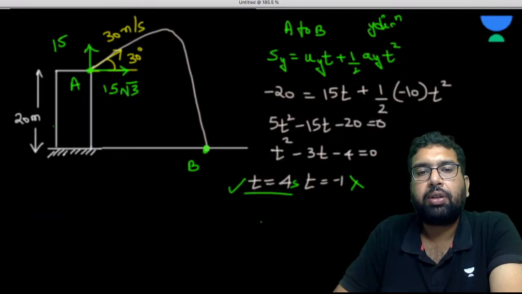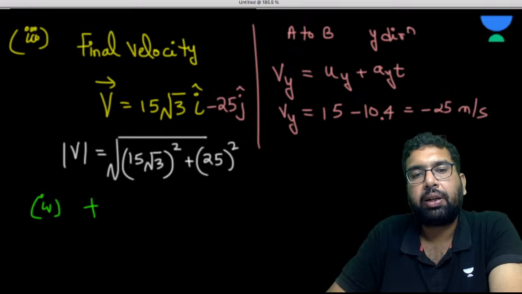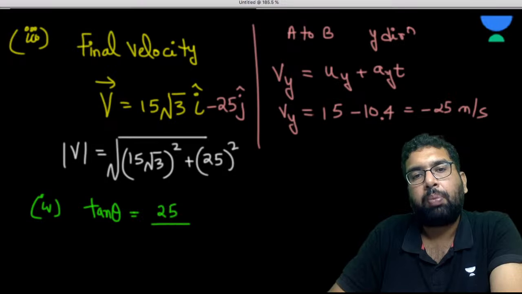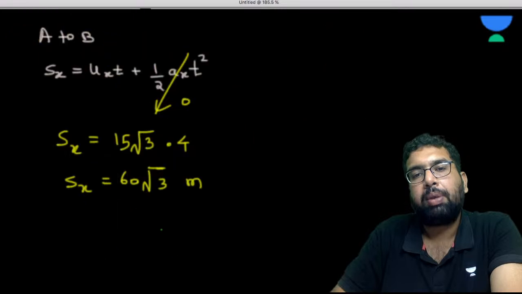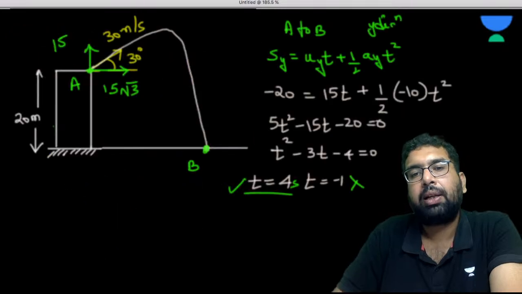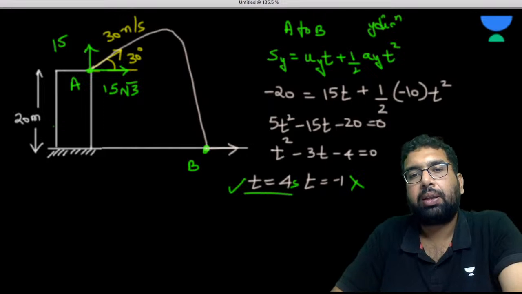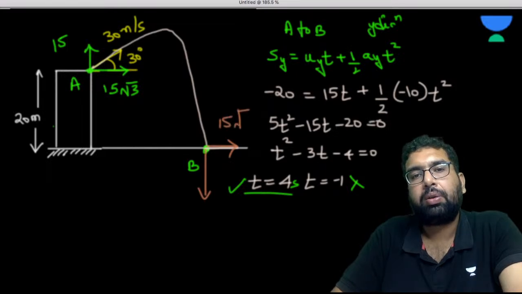So theta at which it hits the ground, we can say tan theta equals the vertical component of velocity upon the horizontal, that is 25 upon 15 root 3. But do remember that I am neglecting the sign, so I am assuming this is 15 root 3 and this is 25.